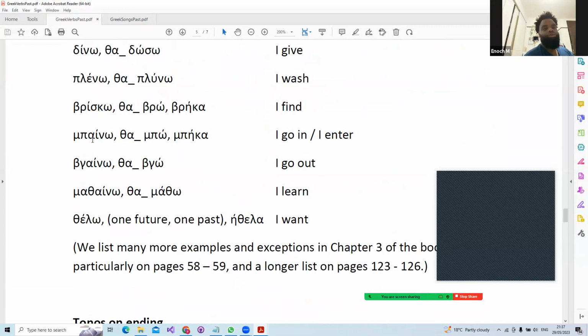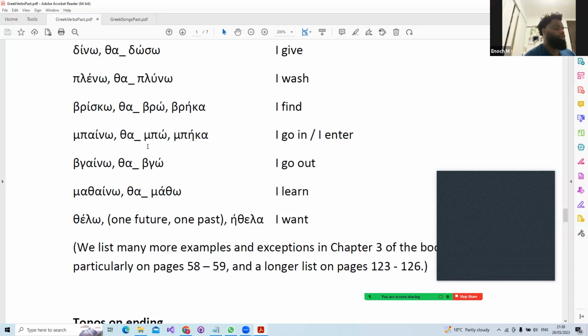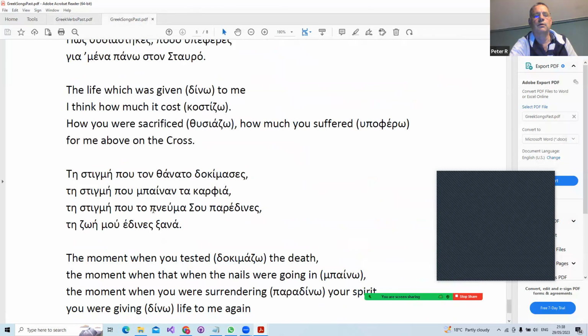And for past tense, you just take this, you would change the ending to an A, or I enter, and you would move the tonos back, so you have to put an E on here. So it would be ebena, which would be I entered many times or repeatedly. And then if we have a look at what they actually use in the song, oh, they don't put the E on. Maybe I made a mistake there.